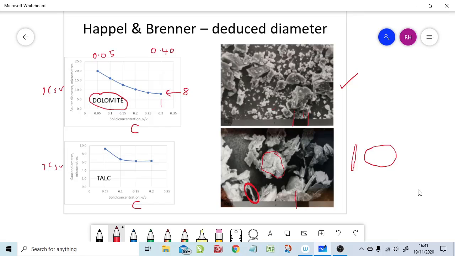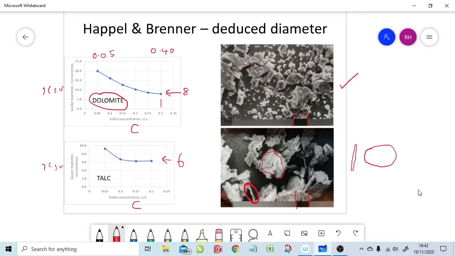Again, we have our 10 micron scale bar. What are we plateauing to here? Well, we've well and truly plateaued actually at 6 microns. So here is the SOTA mean diameter for the material. That's obviously way above 10 microns, but talc, when it's dry, does tend to stick together.